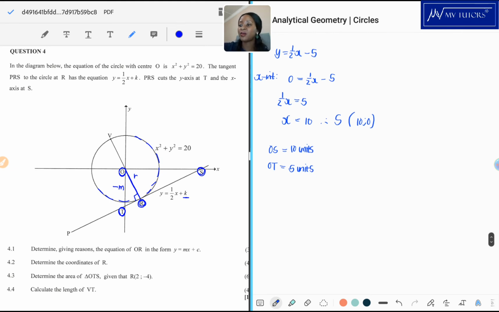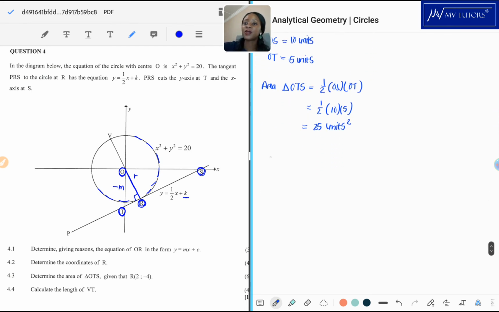And then now, the area of triangle OTS is actually equal to half base, and the base is OS, times height, which is OT. Okay, and that will be half, OS is 10 and OT is 5. So 10 times 5, that is 50, times a half, that would be 25 units. But because it is area, it has to be units squared.